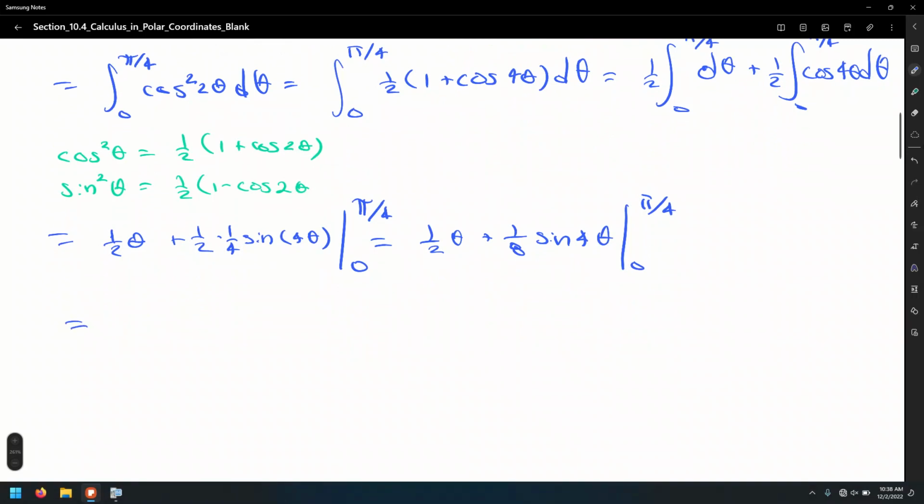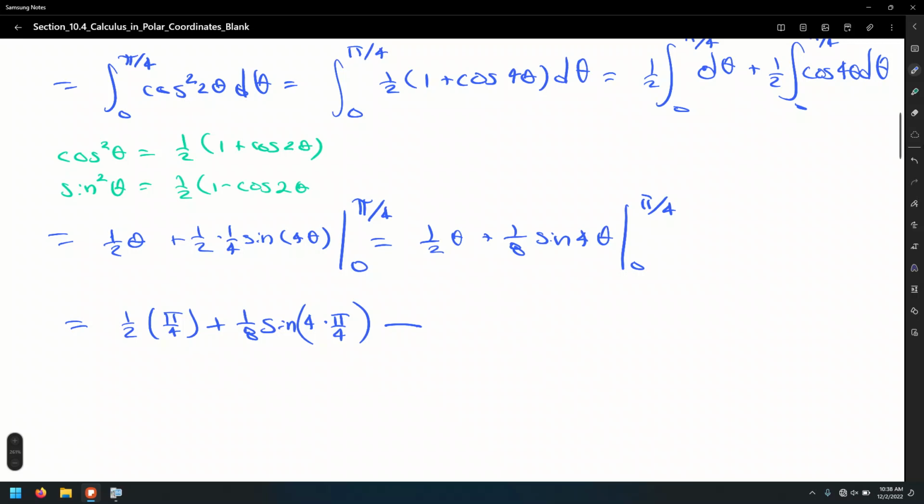That is 1/2 theta, or 1/2 pi over 4, plus 1/8 sine of 4 times pi over 4, and minus, did you see what's going to happen if I plug in a 0 here?